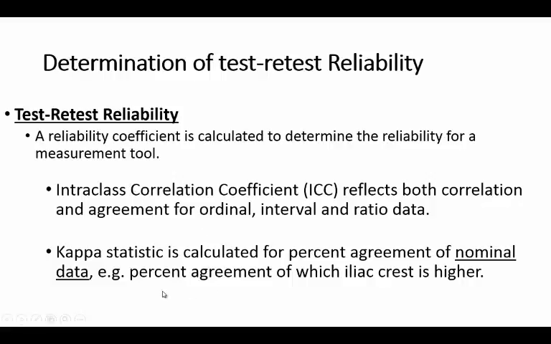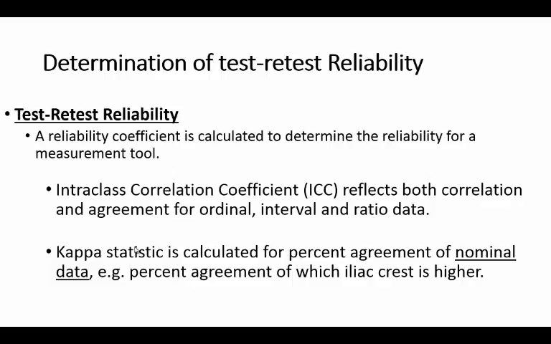What if my measure is a nominal measure or nominal data? To determine reliability for nominal data, there is something called kappa statistics, and we can calculate this with software. And you will see this, I'm sure, in the articles that you have reviewed.